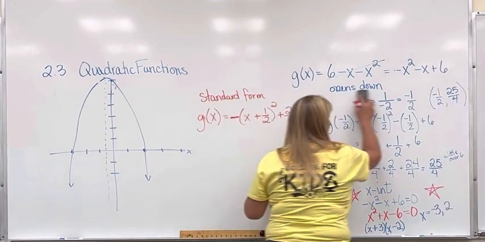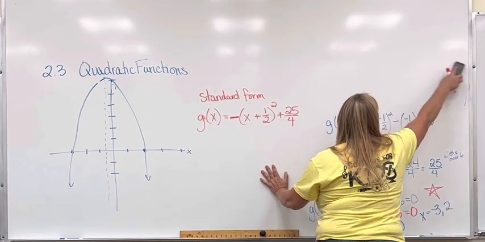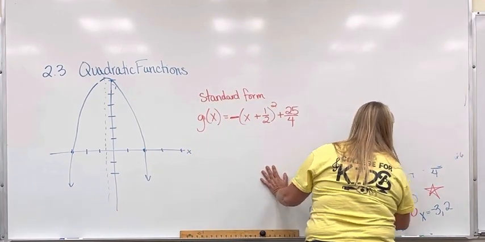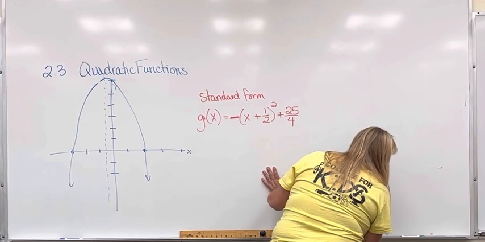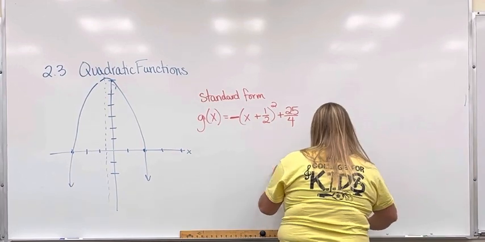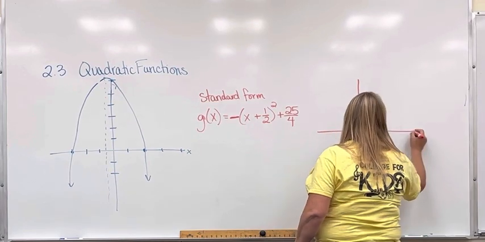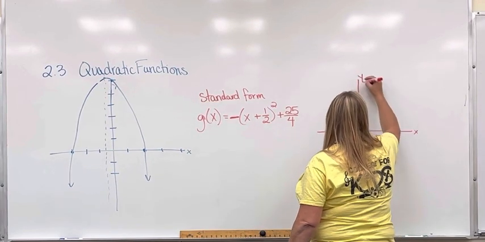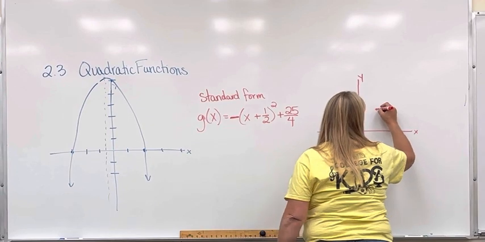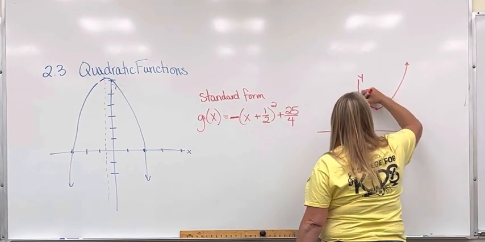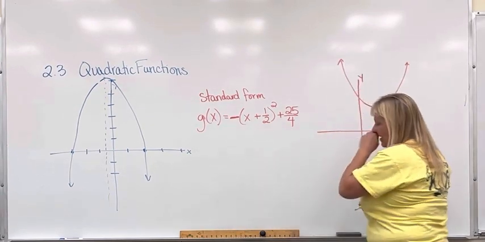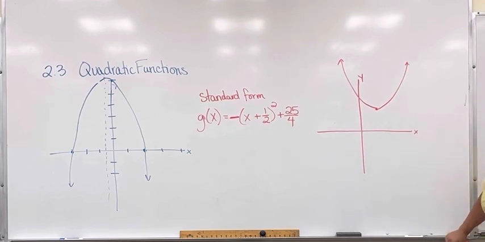Now, one other thing that I wanted to show you in this section is this. Let's say that we had a parabola. Just a sketch here, nothing important. That looks like this. Okay. So first off, is this guy going to have a y-intercept?